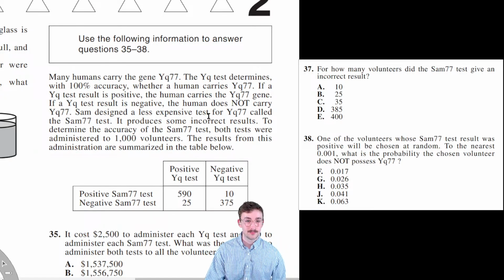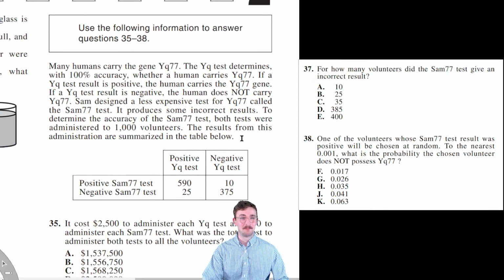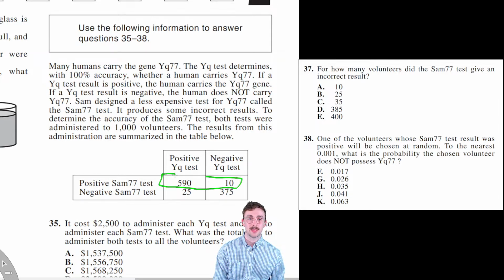Flying through it. This is much faster than last time. One of the volunteers whose SAM 77 test result was positive will be chosen at random. Okay. So who's SAM 77? So that is 600 people who had a positive SAM 77.